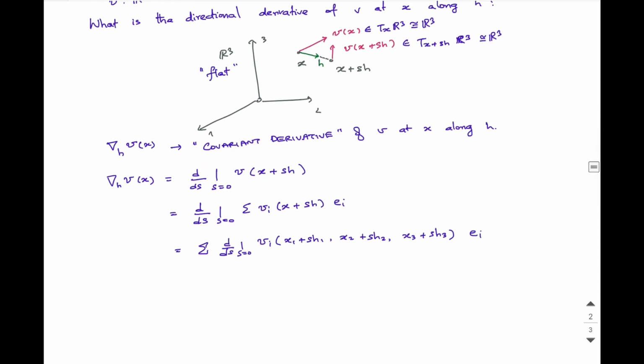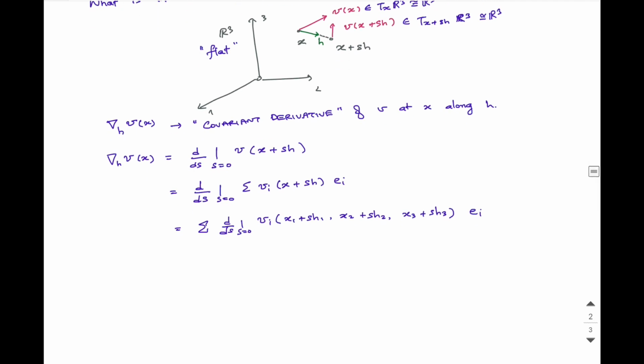Okay, so this is the total expression for the covariant derivative of v along h. And now we have a straightforward application of the chain rule. So this can be written as the summation of the jth partial derivative of v^i at the point x multiplied by h_j.